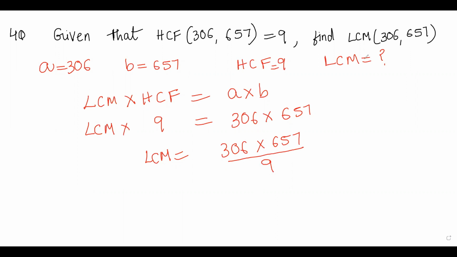We can cancel 9 and 306. 9 ones are 9, 9 threes are 27, 3 is the remainder, 36, 9 fours are 36. So 34 into 657. Can any one of you tell me the product of these two numbers? 22338. 22338. Write down.